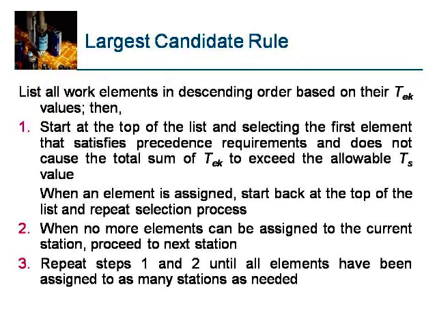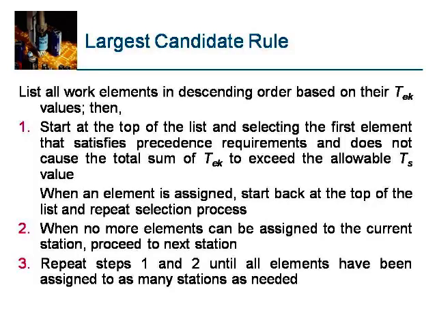In the largest candidate rule, list all work elements in descending order based on their TEK values. Then start at the top of the list and select the first element that satisfies the precedence requirement and does not cause the total sum of TEK to exceed the allowable TS value.